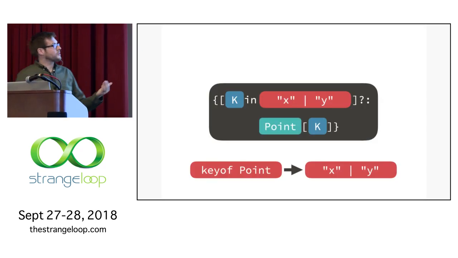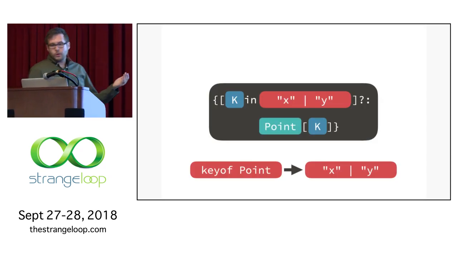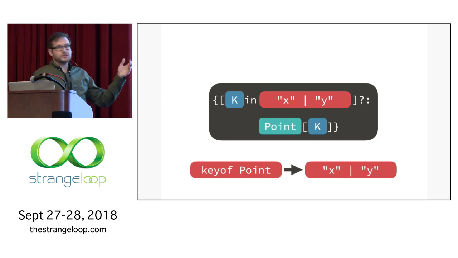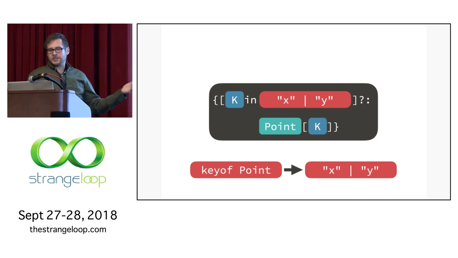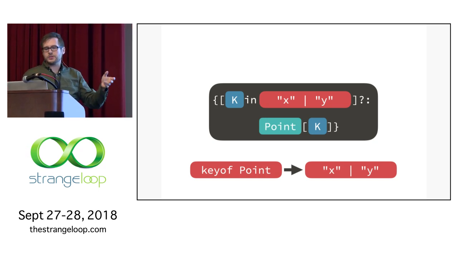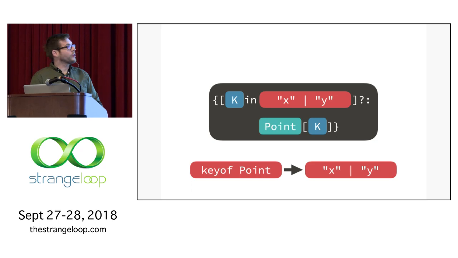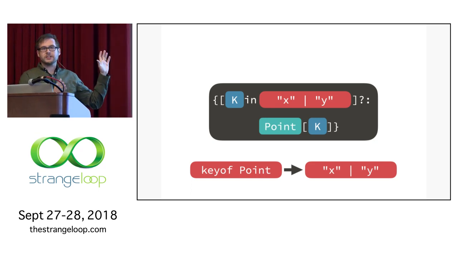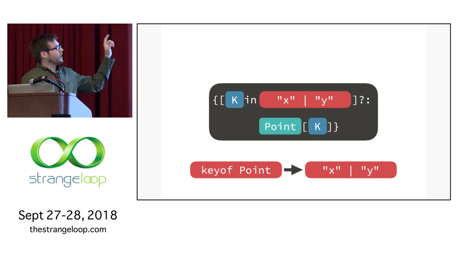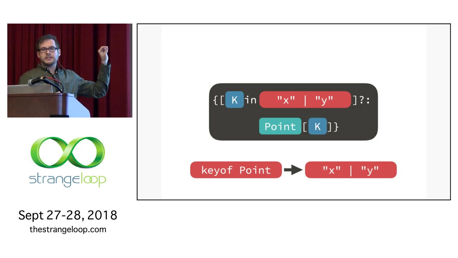So we'll start by substituting keyof Point with its result, which is the string literal x union with the string literal y. So union types within the type system also serve double duty as sort of a list. Now, the overall comprehension syntax understands that, and so it will iterate through that list and let k take on each individual entry within that union.